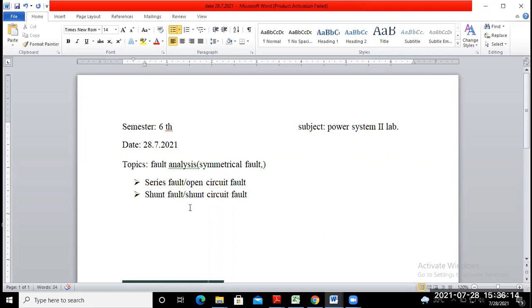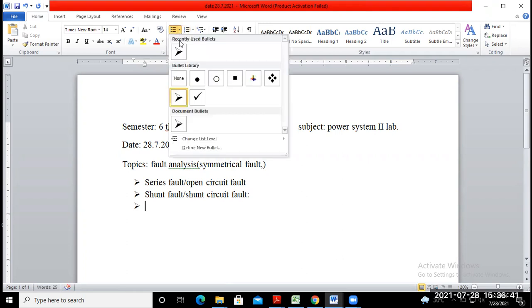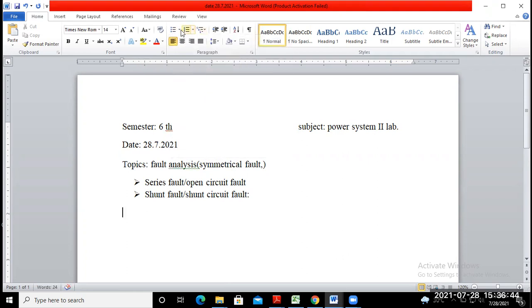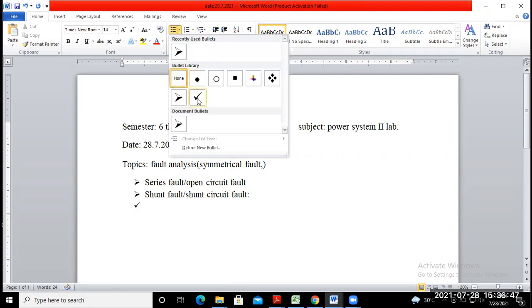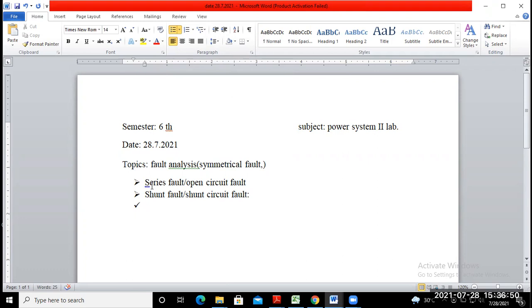This shunt fault is classified as the triple line fault or triple line to ground fault, or another is line to ground fault, line to line fault, double line to ground fault.